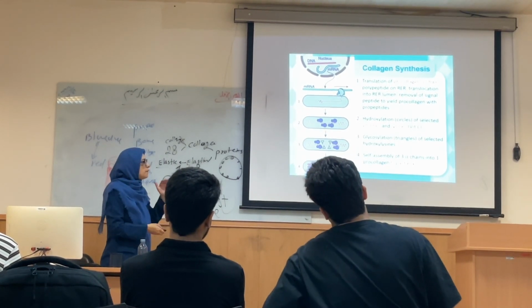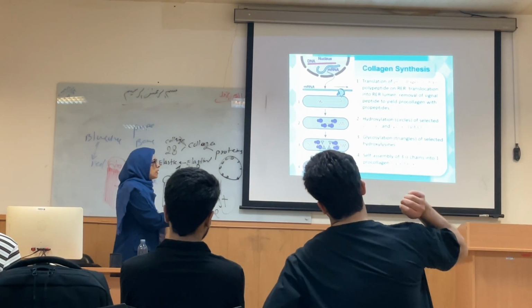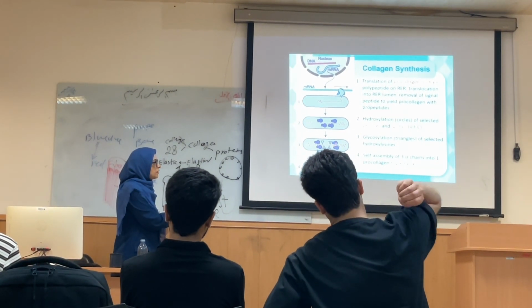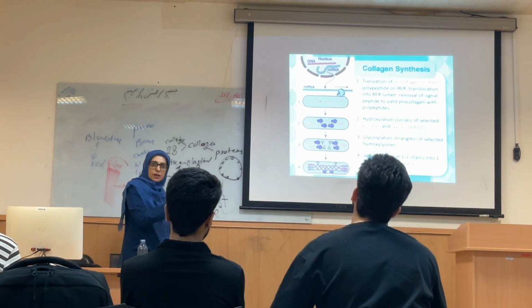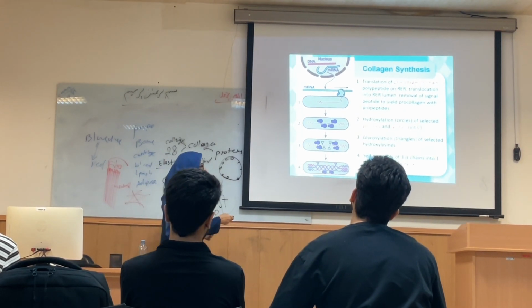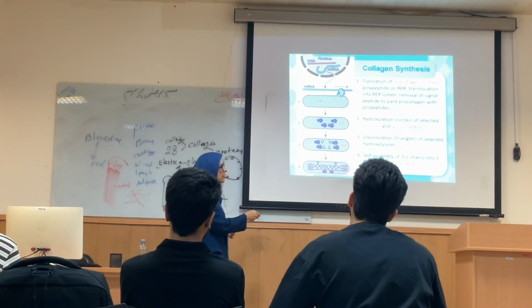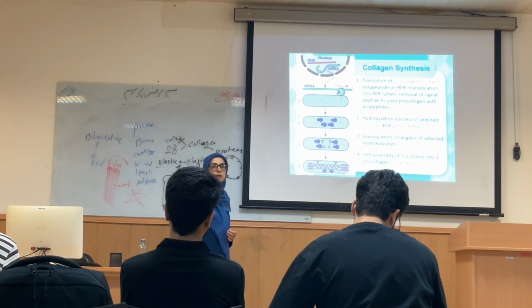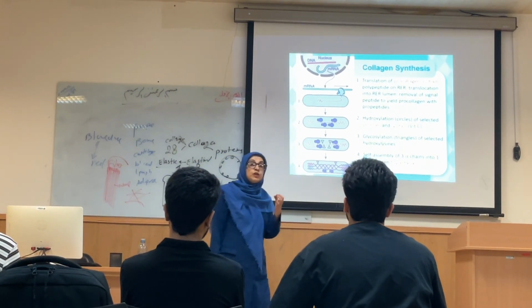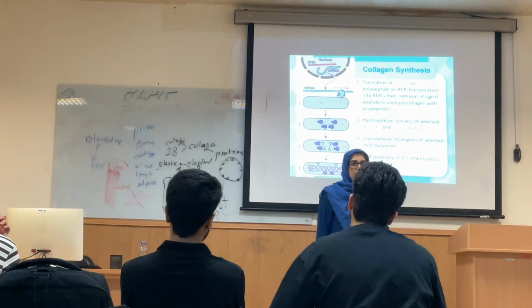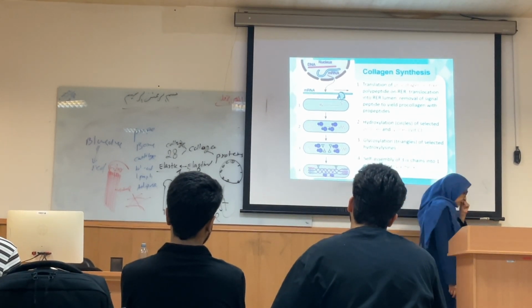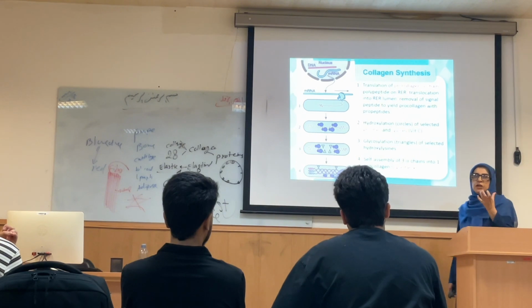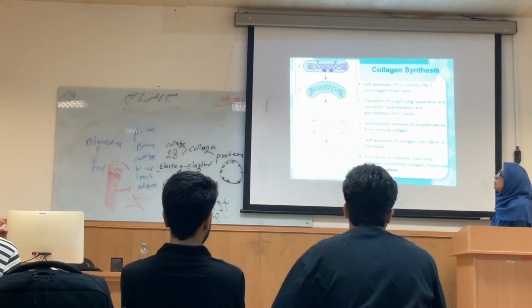Then after the hydroxylation of these two amino acids, they assemble together in another post-translational modification and form a triple helix of procollagen. Procollagen is an immature type of collagen.